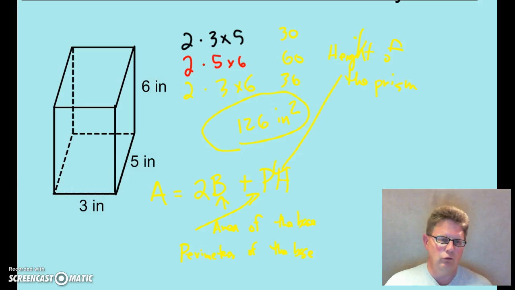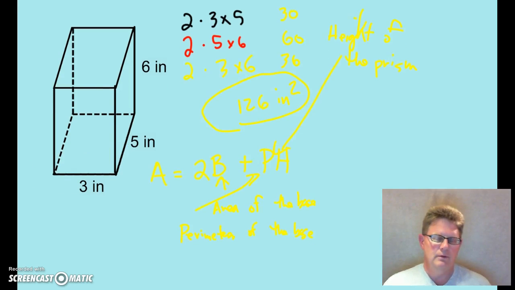So once again, let's look at our rectangular prism. What is the base? The base is, of course, a rectangle. So 2 times the area of that rectangle, 3 by 5, plus, okay, the perimeter.